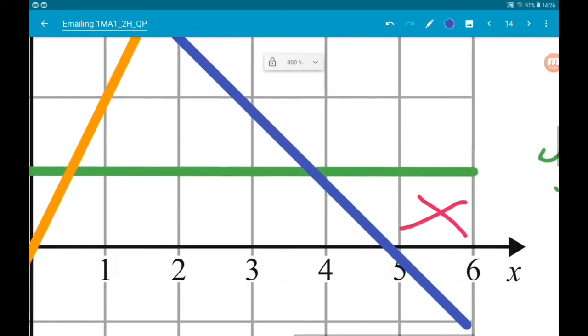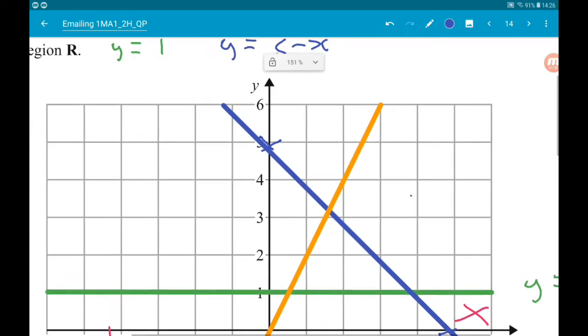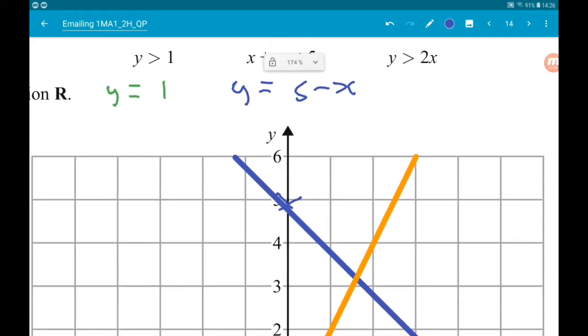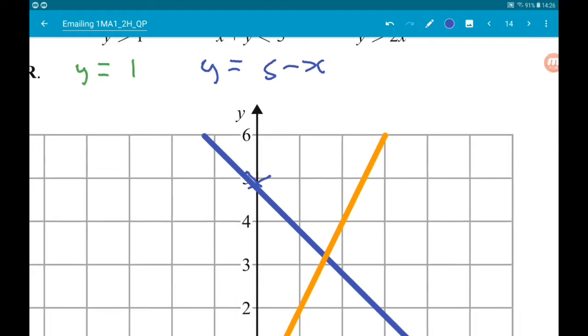So that would be that point there. So anywhere on that line, x add y is equal to 5. Anywhere above it, x add y is greater than 5. Anywhere below it, x add y is less than 5.